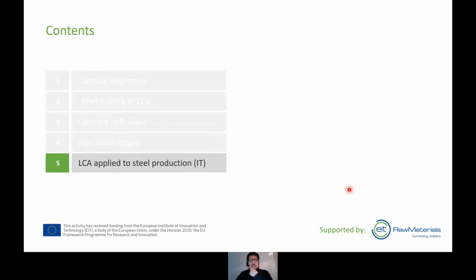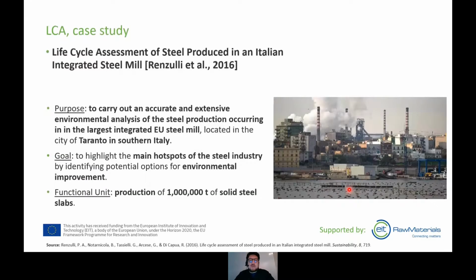Okay, I hope this quite brief introduction to the methodology was clear. Now we move into an example that I think will be more relevant for you, a real case study. Here we chose a publication that is open access; you can find it online.